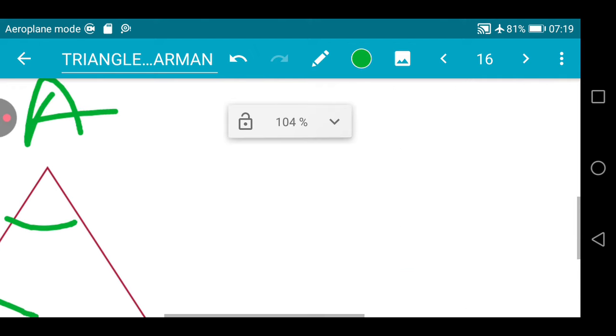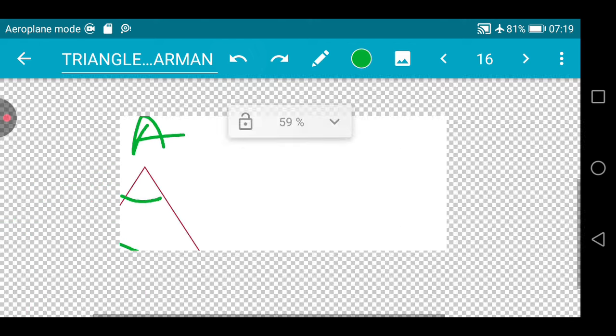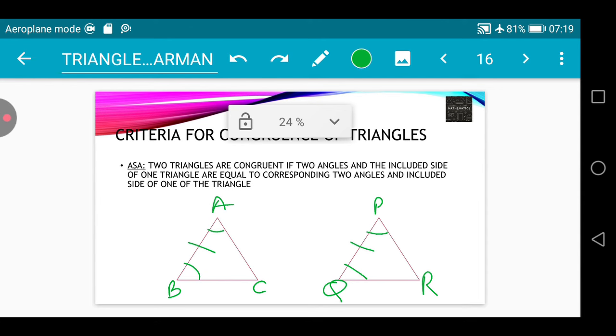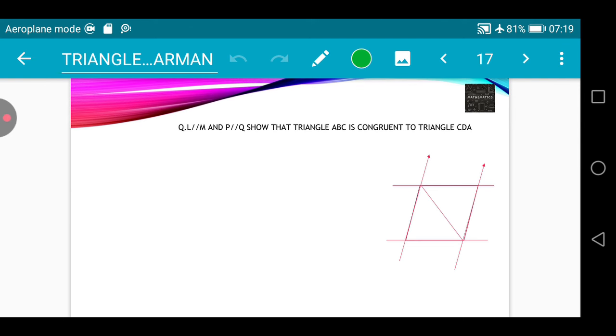Then by angle side angle, triangle ABC is congruent to triangle PQR.